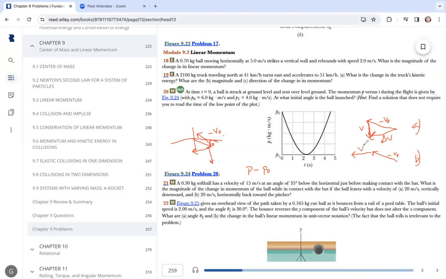There, V, and so that would be delta V. So you've got to do some vector resolution.